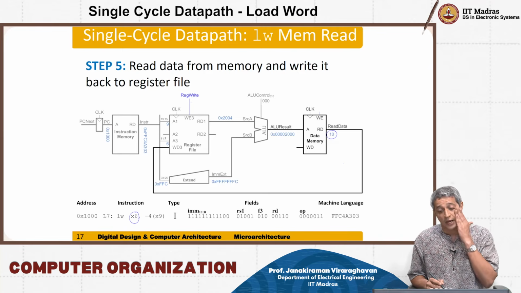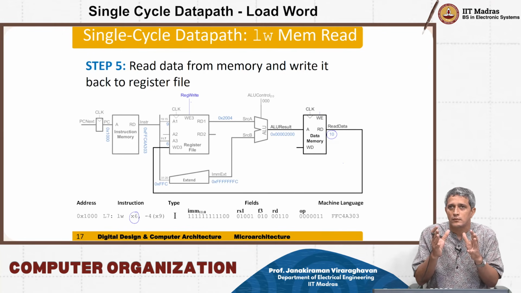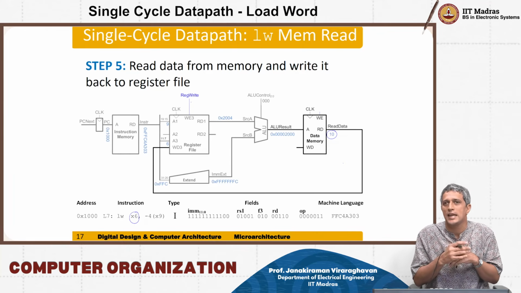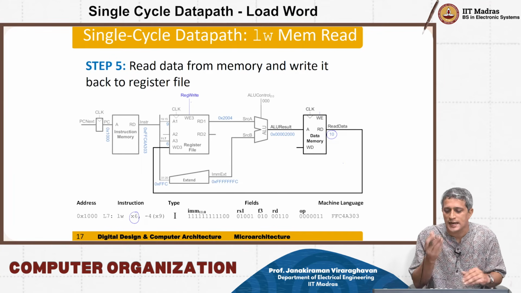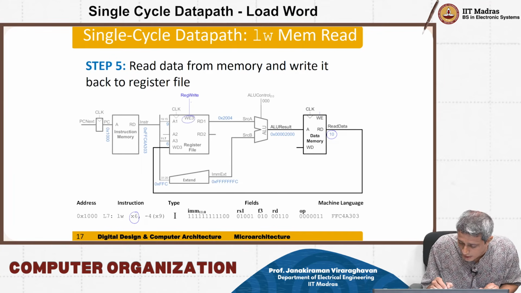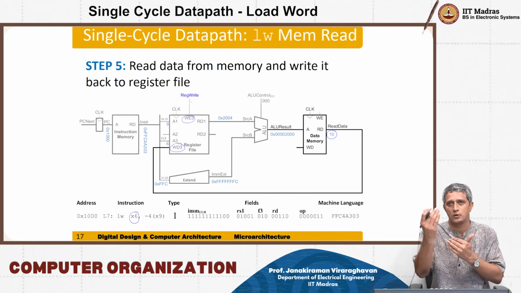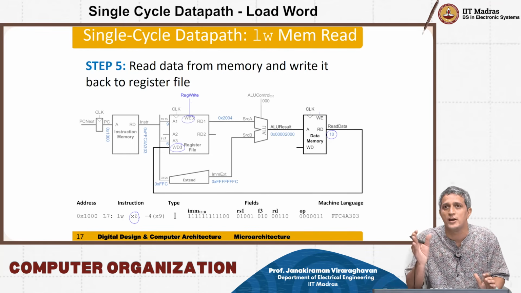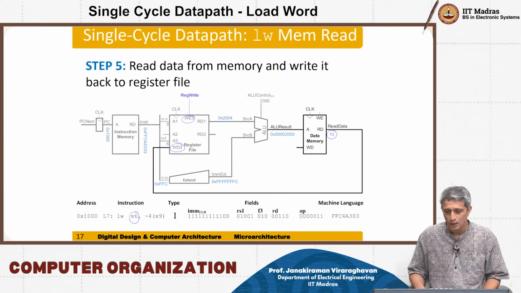Now the write port is specifically used only for the write operation, and of course it will get enabled only through the write enable. So this is a very important combination that needs to determine which register you will write into and when you will write into it.